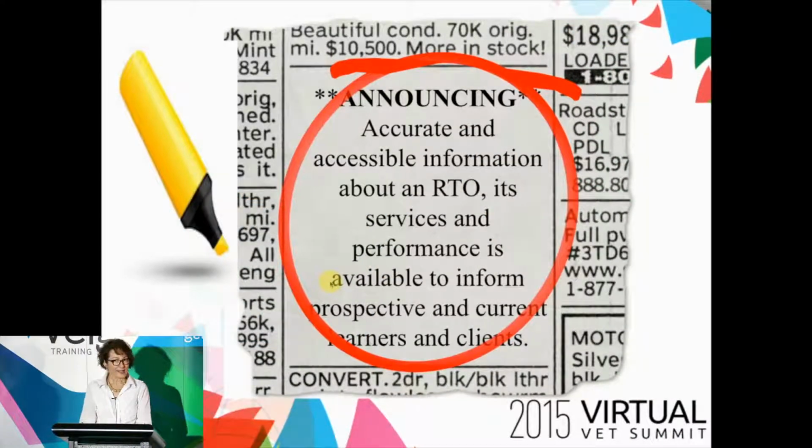What does the standard actually say? Well, interestingly, the standard says that accurate and accessible information about an RTO, its services and performance is available to inform prospective and current learners and clients.